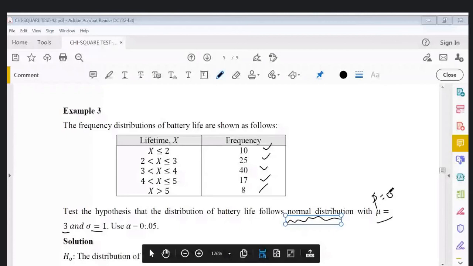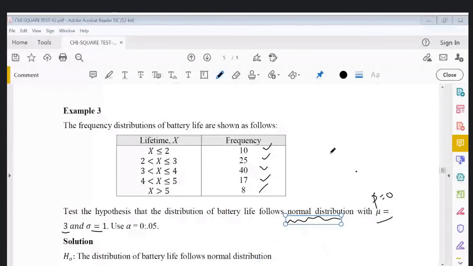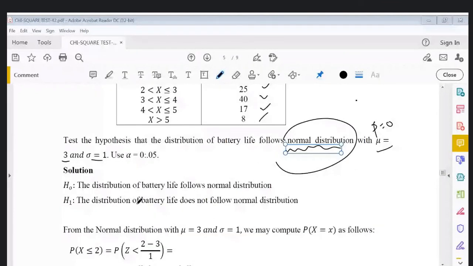The method is the same. H0: the data follows a normal distribution. H1: the data does not follow a normal distribution. For the normal distribution we must use Z equals X minus mu divided by sigma. This is the formula.